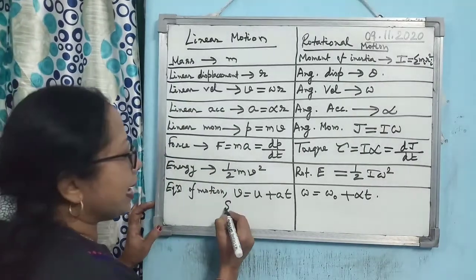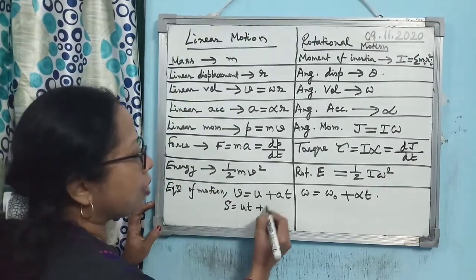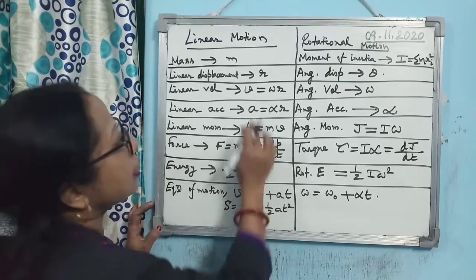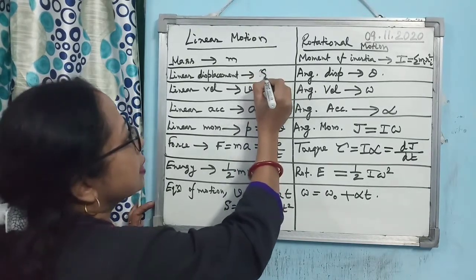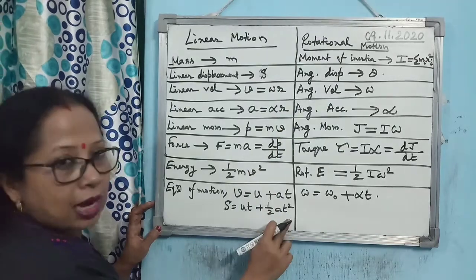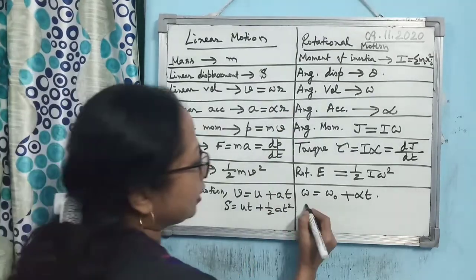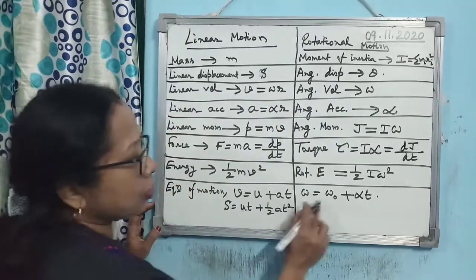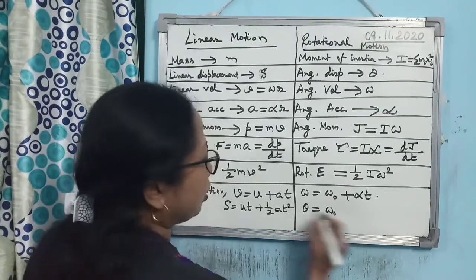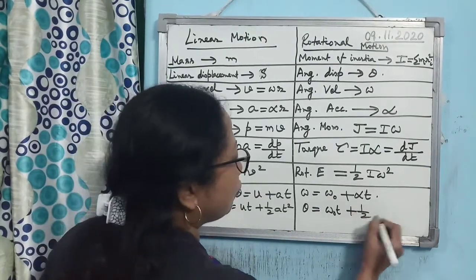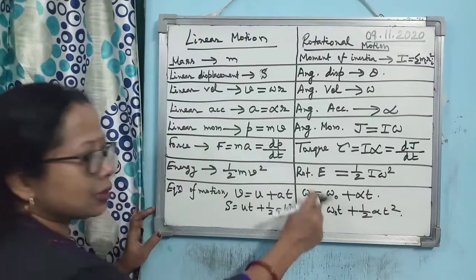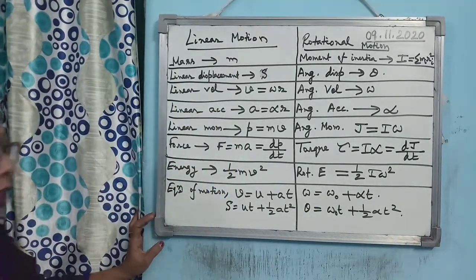Then next one is s is equal to ut plus half at square. Here not r, we will use s. So s is equivalent to theta and u is equivalent to omega naught. So it will be theta is equal to omega naught t plus half alpha t square. This is the equation of motion in rotational motion.